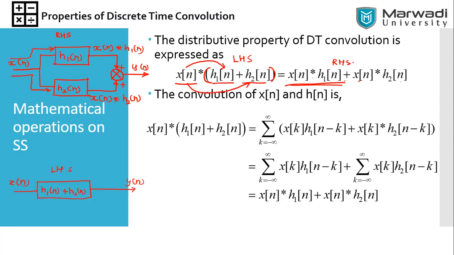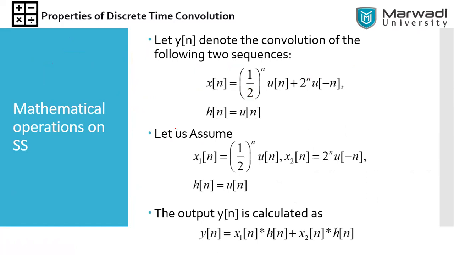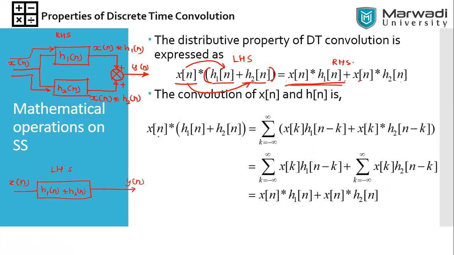So here, as you can see, x of n convoluted with h1 of n plus h2 of n is equal to x of k h1 of n minus k plus x of k h2 of n minus k. Not convoluted, this is multiplication.